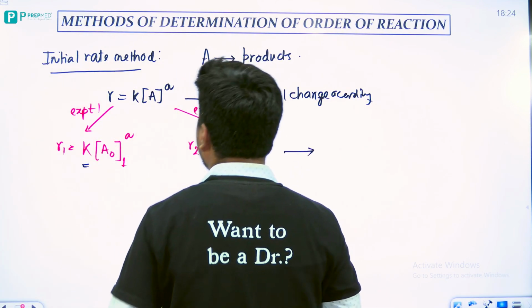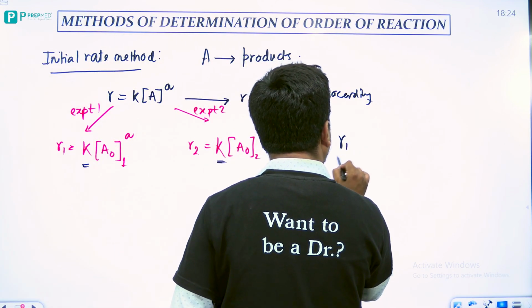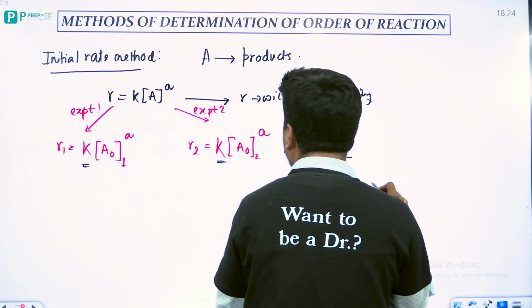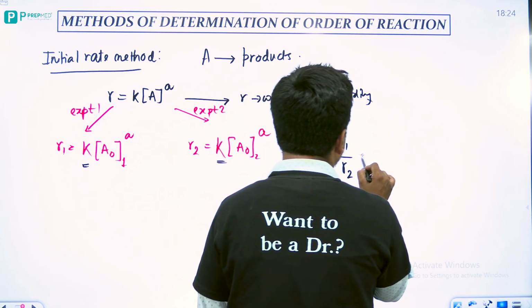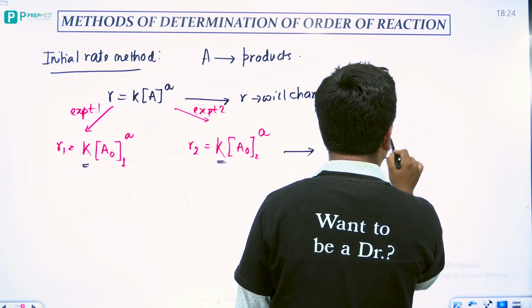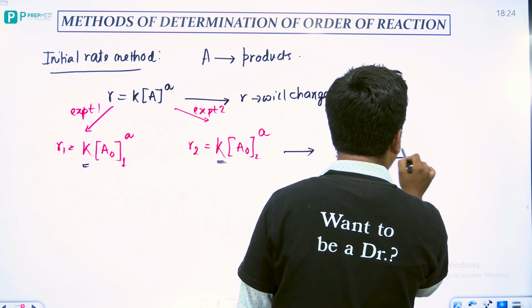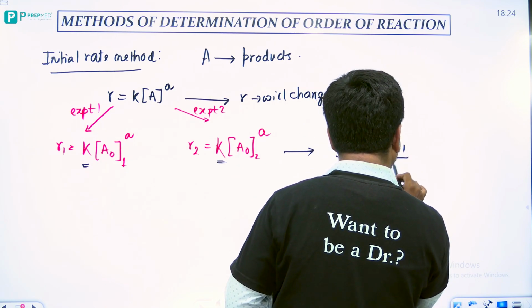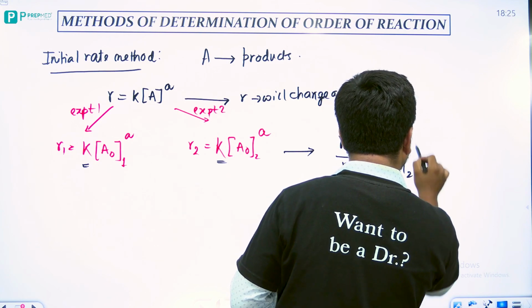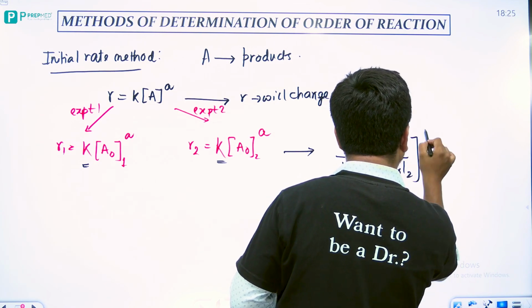Now since both of them have the same rate constant, what is the working formula? From here you can say R1 by R2 is equal to A01 divided by A02, whole to the power a.